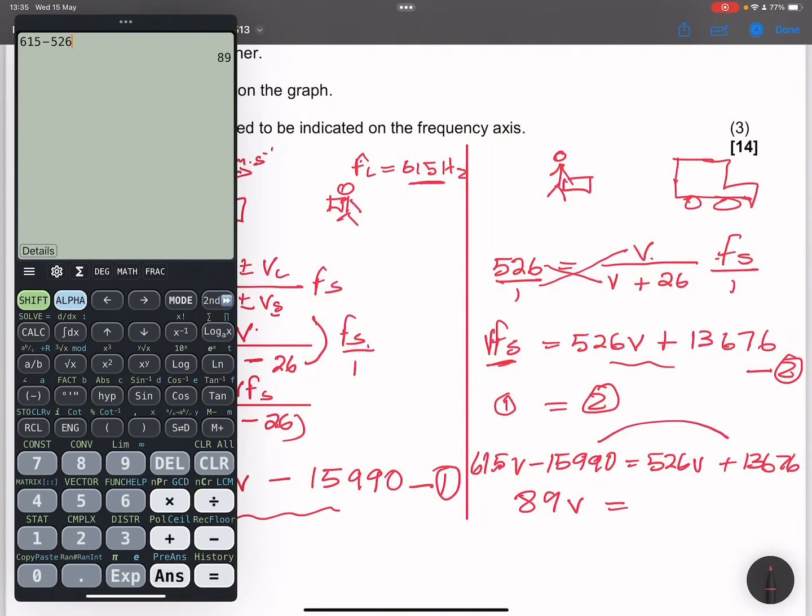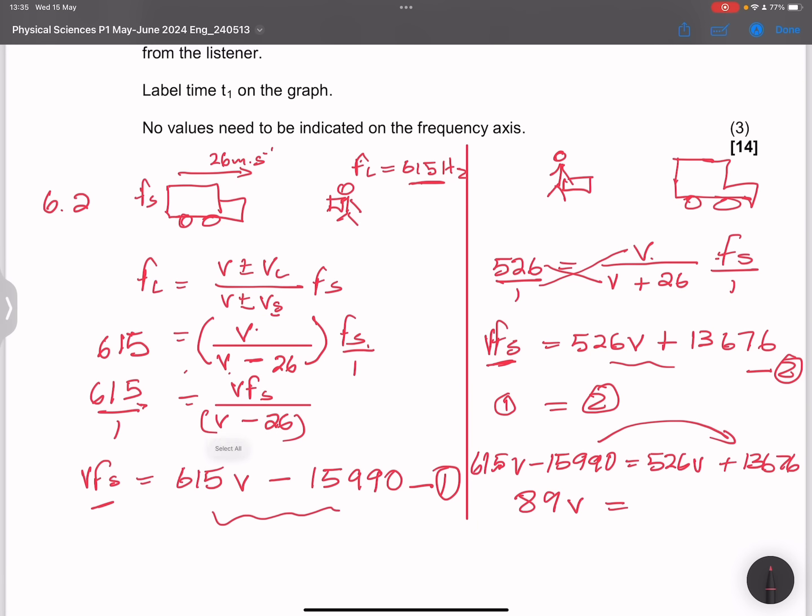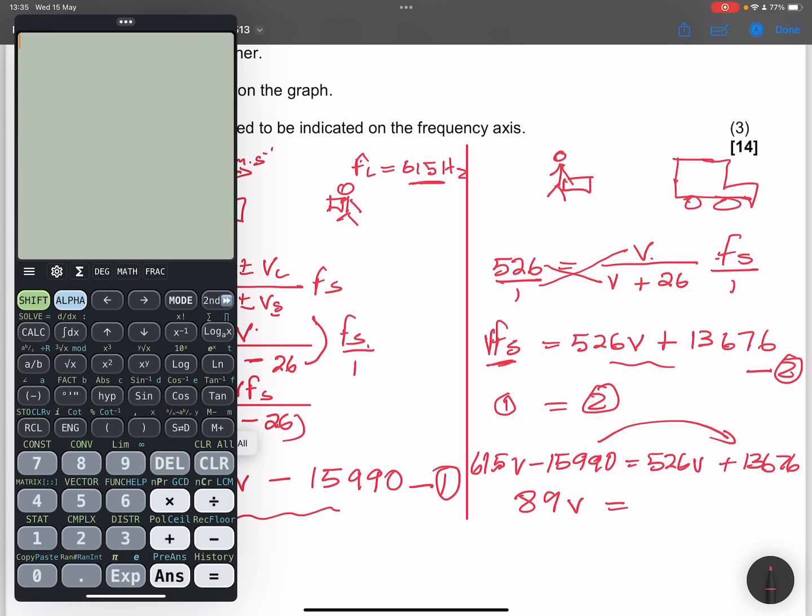And I'm going to take that to the other side. So I've got 13,676, okay, plus 15,990. And I get 29,666. Ooh, I can hear some of you saying, oh, 666. All right.